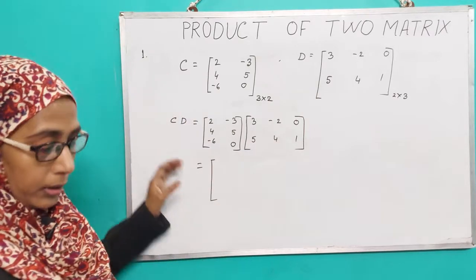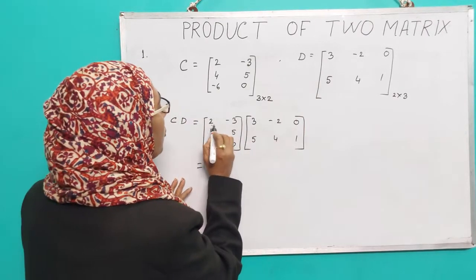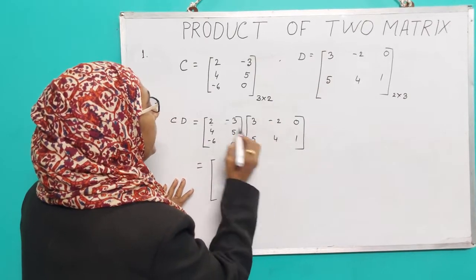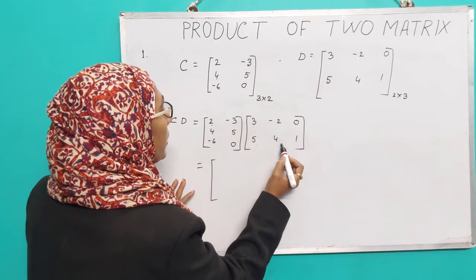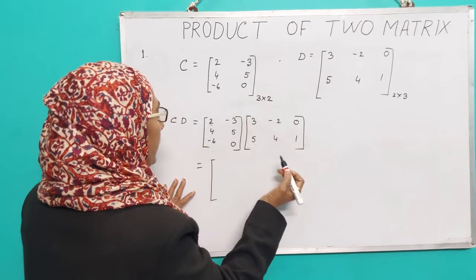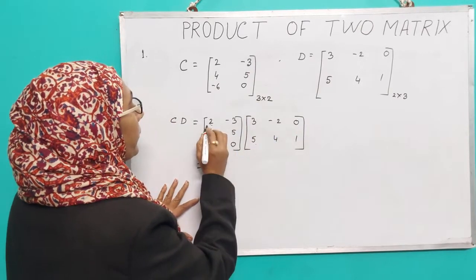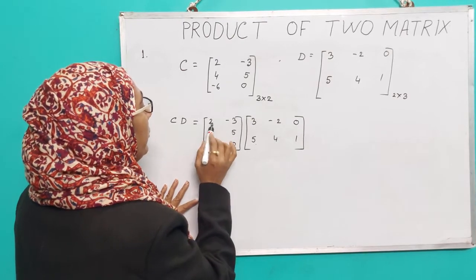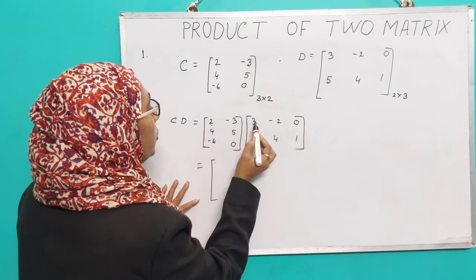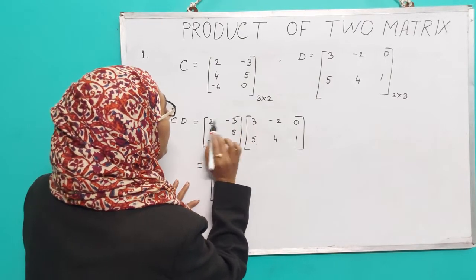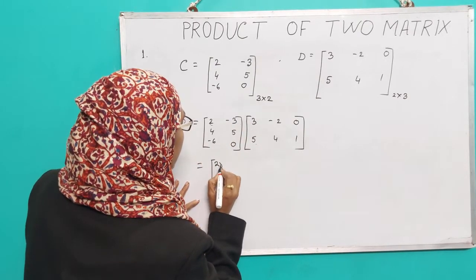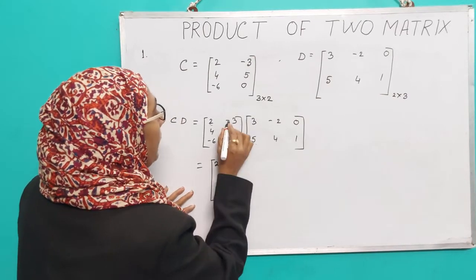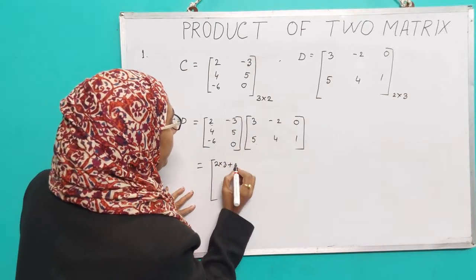We calculate the product by multiplying the row with the column: first row with first column, then first row with second column, and first row with third column and so on. See, first row, first column, this element is A11, that is 2 into 3 plus minus 3 into 5.